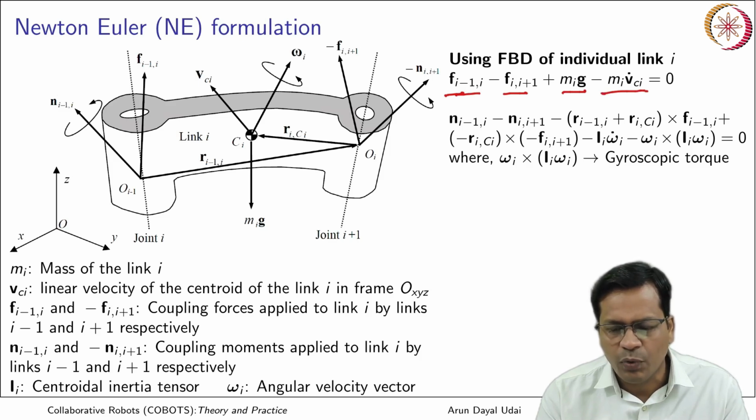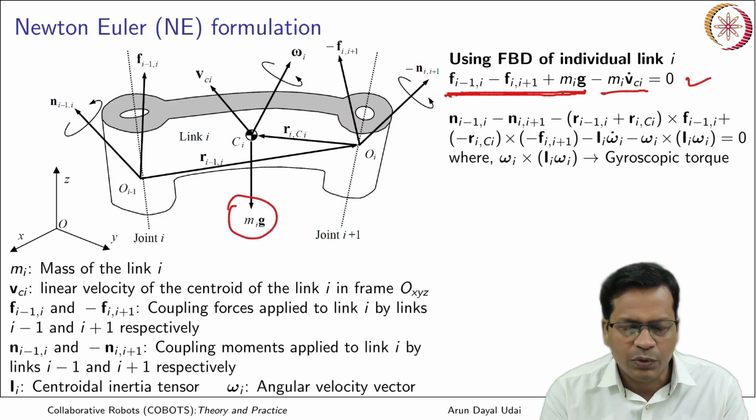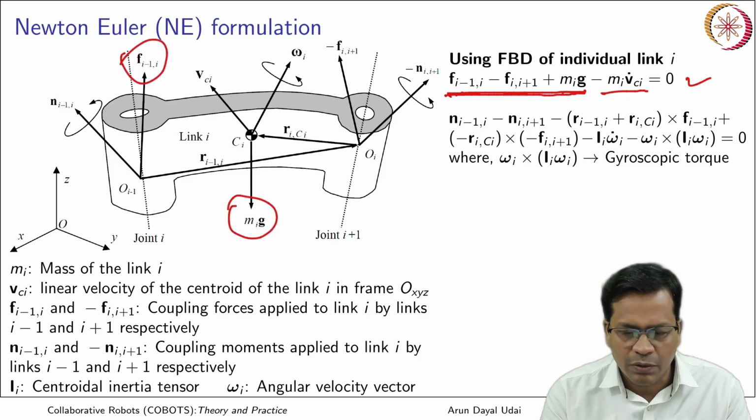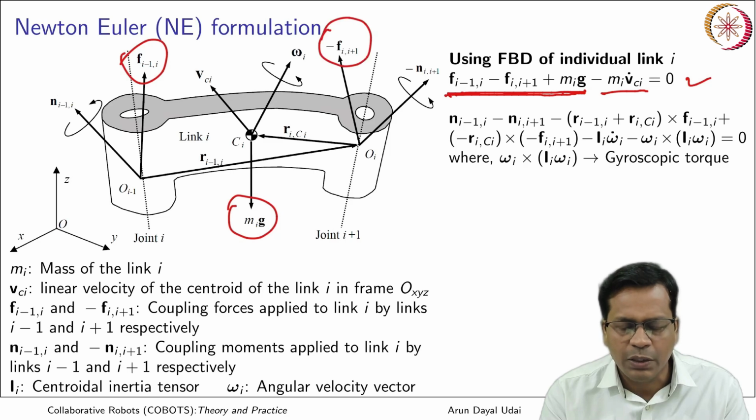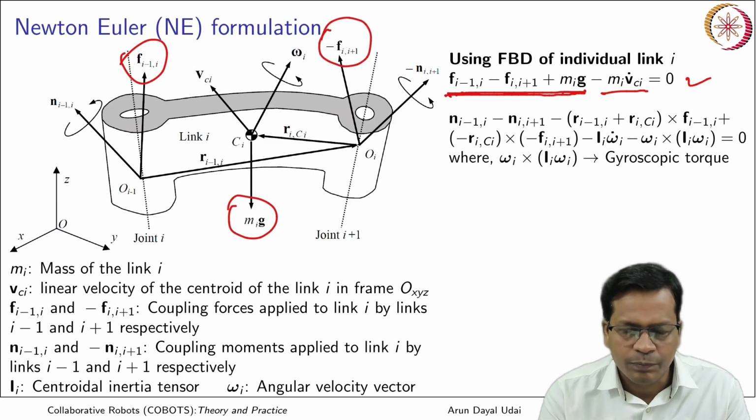So the sum of all the forces should be equal to 0. Mi Vci dot basically arises due to the forces. These are the forces which are acting on the link. This is the gravitational force, this is the force from one link and the force from the other link which is next to it. They all create the Vci dot.